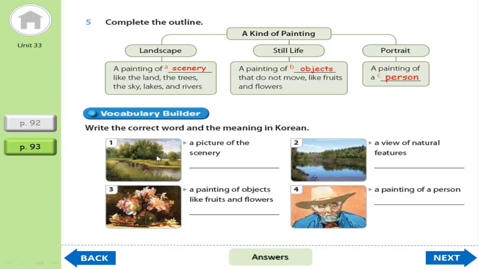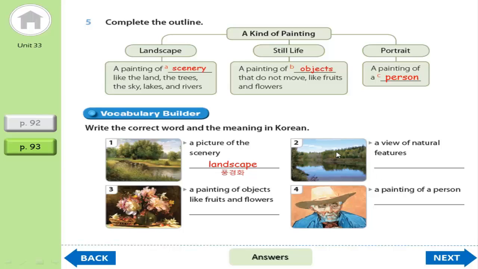What can you see? Okay, you can see the river, some flowers and the trees, the sky, right? So right here, a picture of sceneries. So picture 1, what word should you write in here? Okay, so landscape.